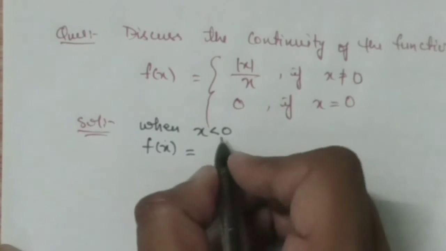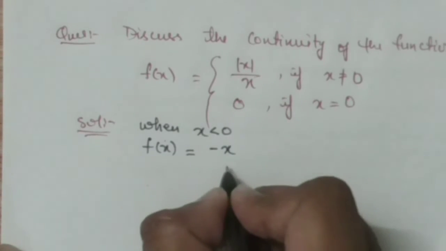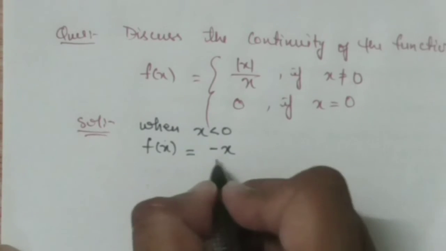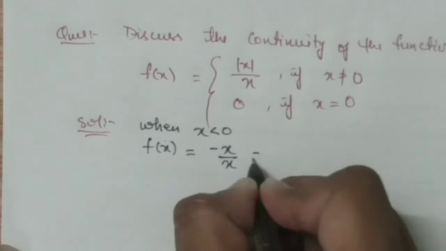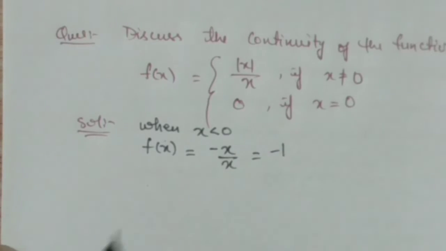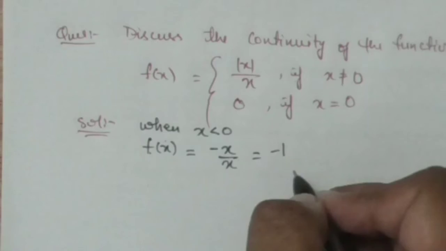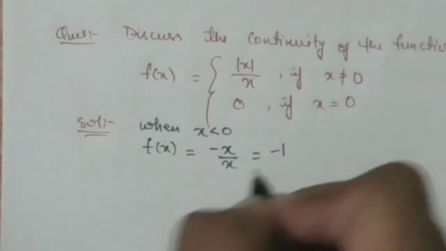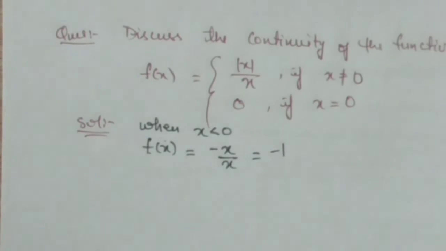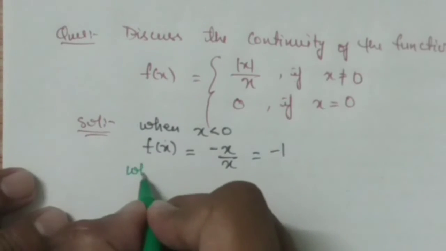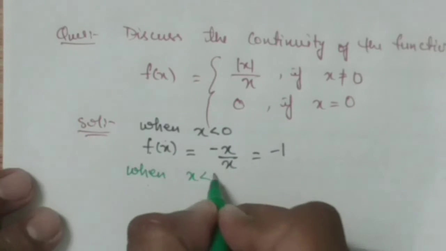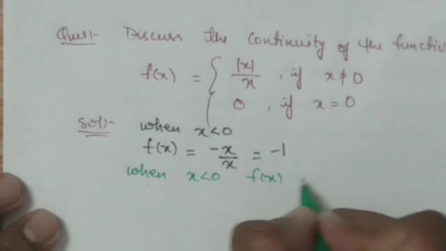And mod x will be minus of x, right? So f(x) will be minus x upon x, that is equal to minus 1. So now f(x) is equal to minus 1. It is a constant function and constant functions are continuous. So when x is less than 0, f(x) is continuous.